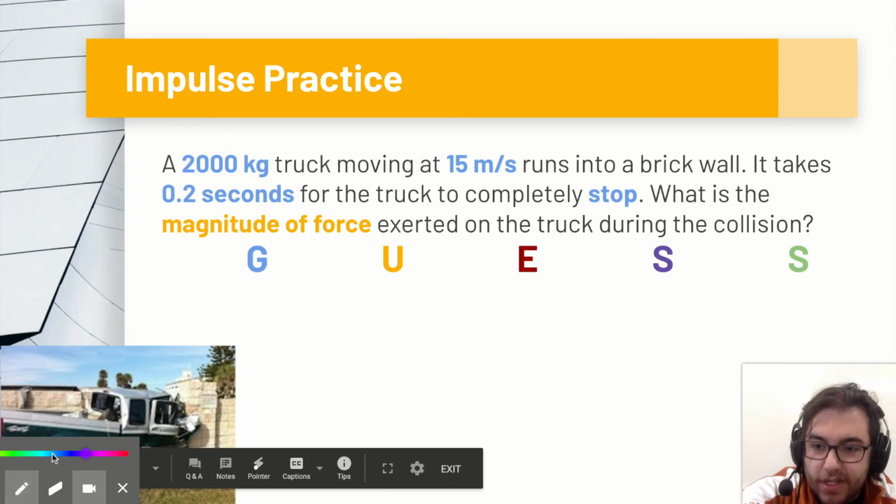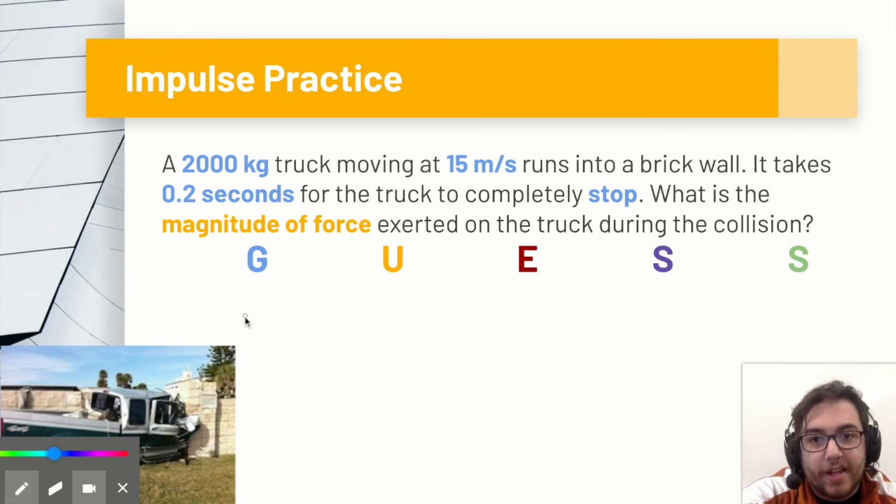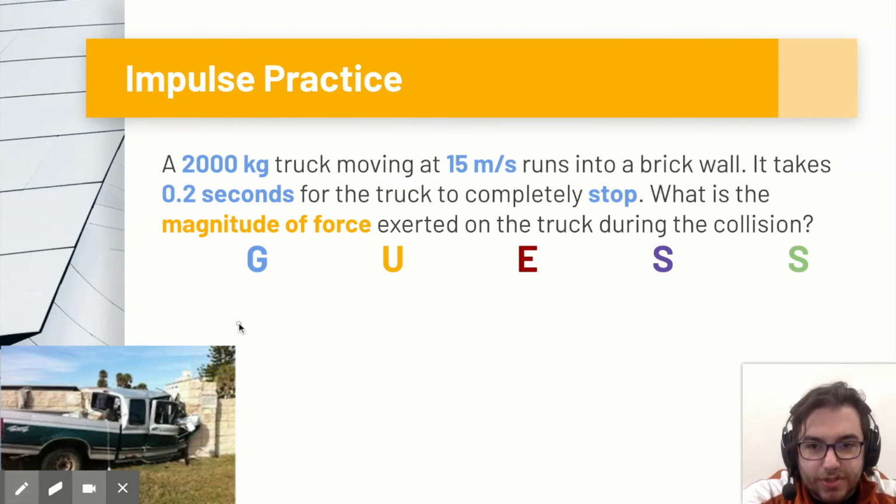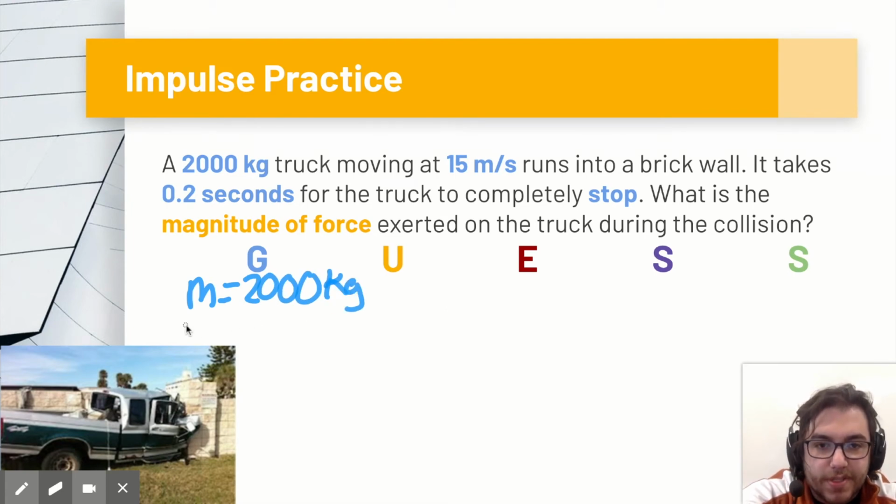So let's go ahead and actually get some math practice, right? We've gotten all those tricks, but it's useless if we can't actually do the math. So here we have a 2,000 kilogram truck that tells us the mass is 2,000 kilograms. It is moving at a speed of 15 meters per second when it runs into a brick wall. So its VI is 15.